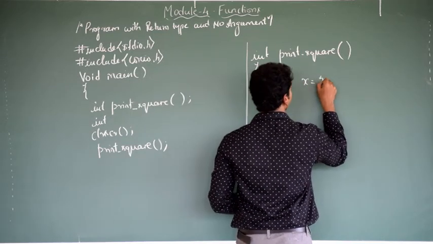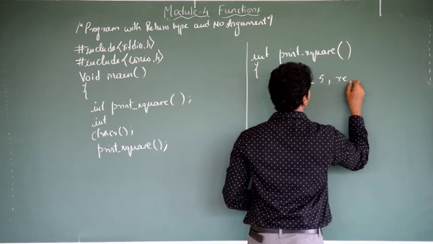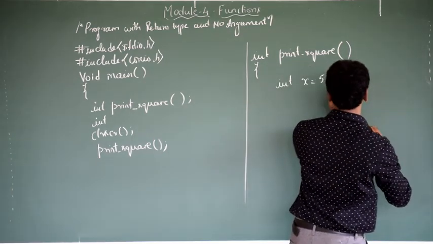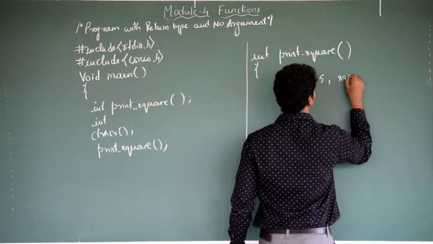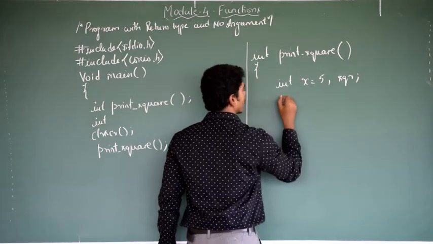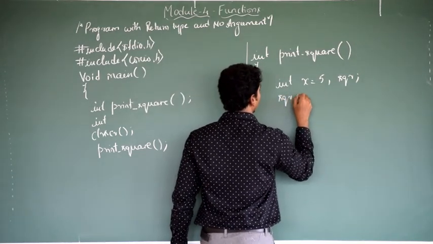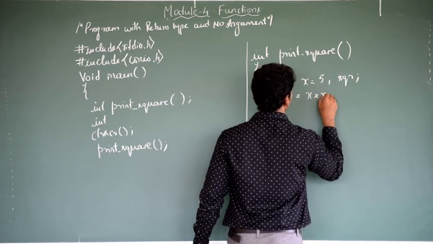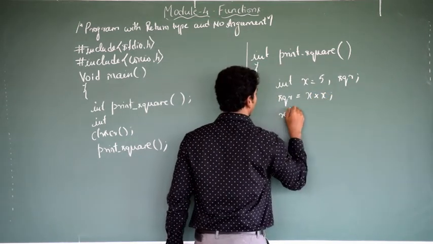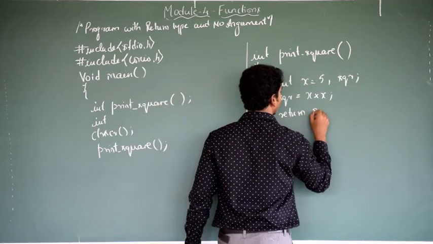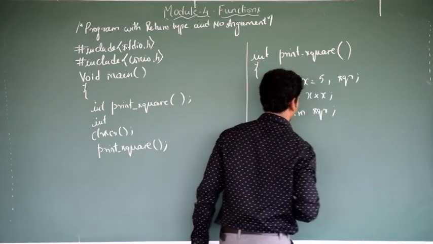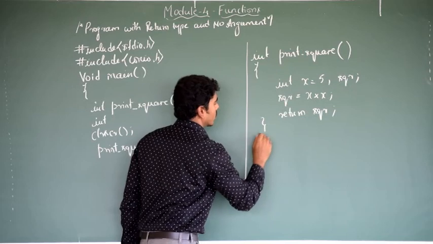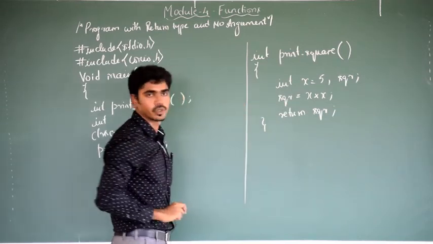Let the value of x be the same as usual, and another variable called sqr. sqr is equal to x into x, return sqr. This is the end of the function definition.